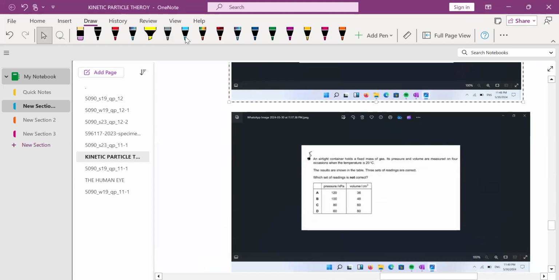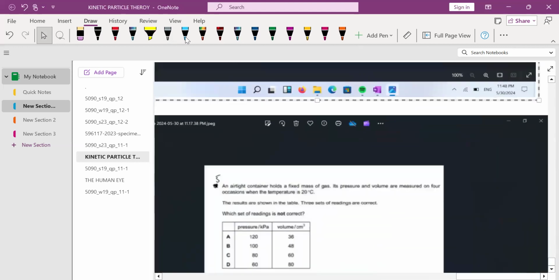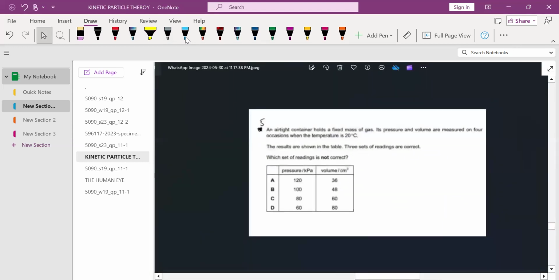towards question number 3. An airtight container holds a fixed mass of gas. Its pressure and volume are measured on four occasions when the temperature is 20 degrees Celsius. So the results are shown in the table. Three sets of readings are correct. Which set of readings is not correct?